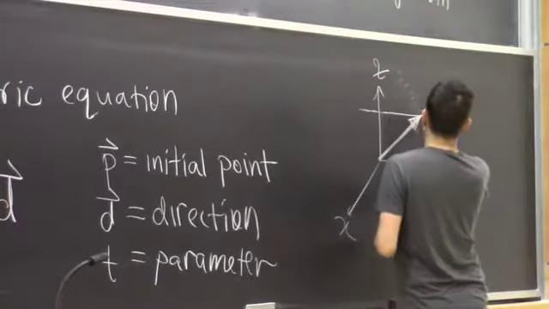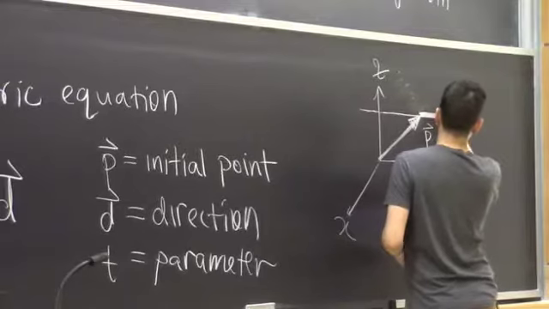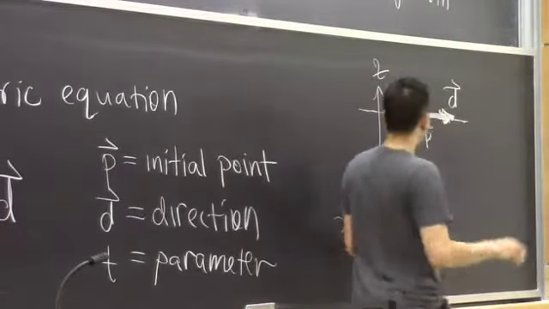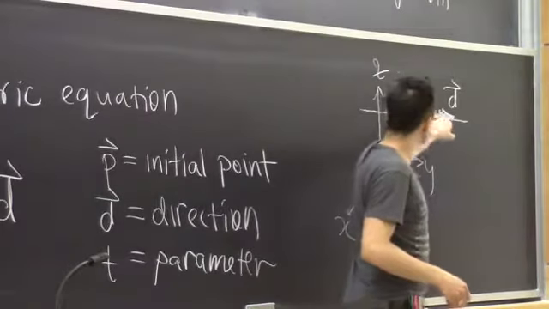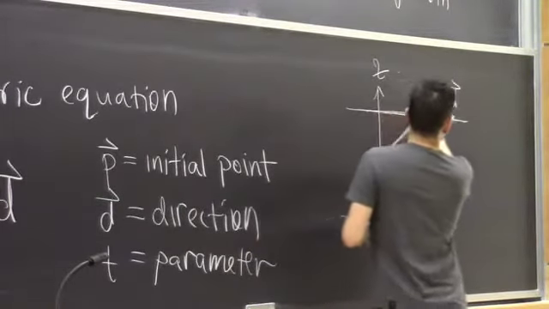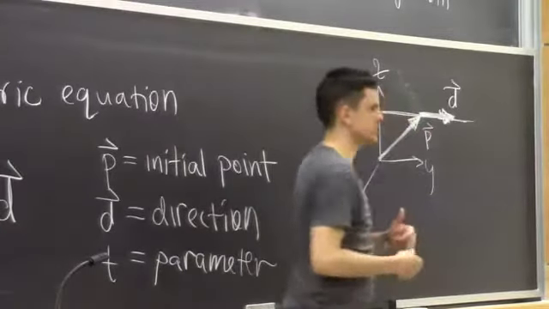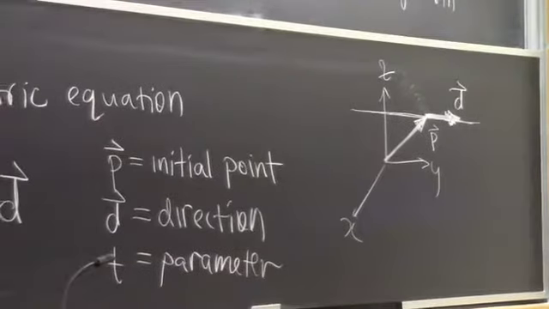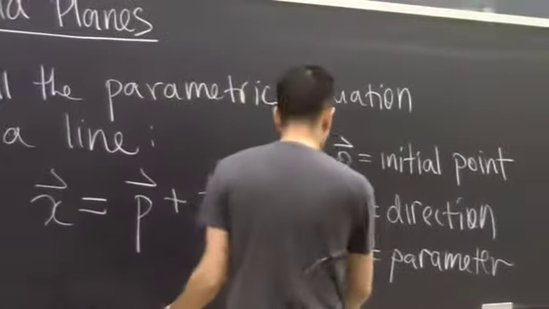So we pick a direction D, and we add all stretched copies of that D. So that will go along this whole line here. So this is our parametric equation of a line. Okay, so let's use this to do something.